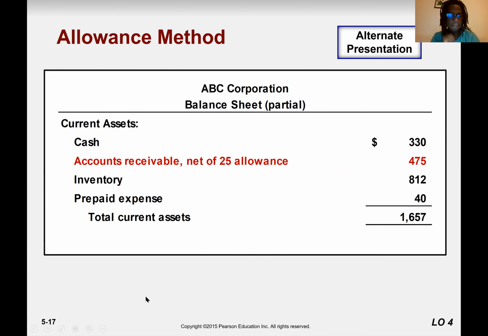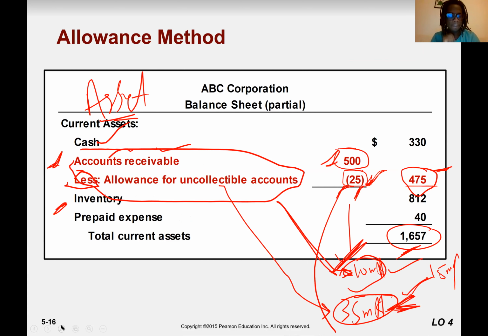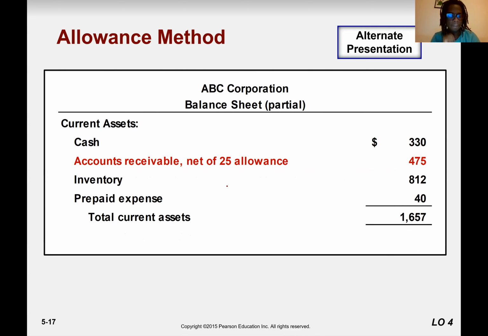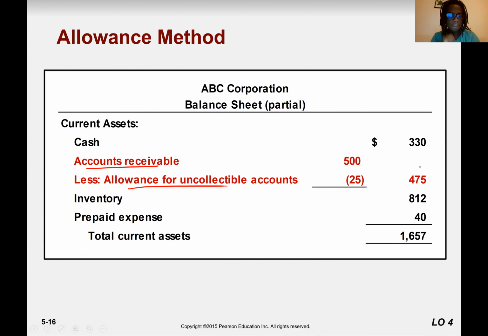So there are two methods to write it down. Number one, let me clear this mess. You write down like this: accounts receivable less allowance for uncollectible, or you can write it down: accounts receivable net of 25 allowance, 475. So there are different methods to present this information on your balance sheet, right?